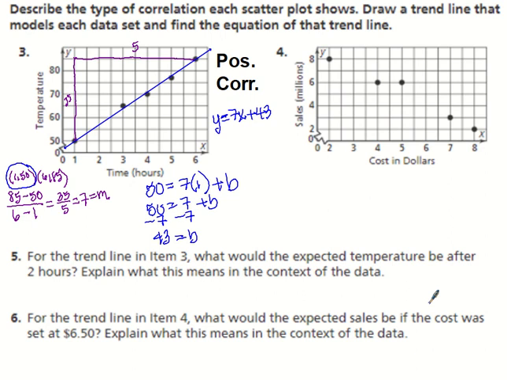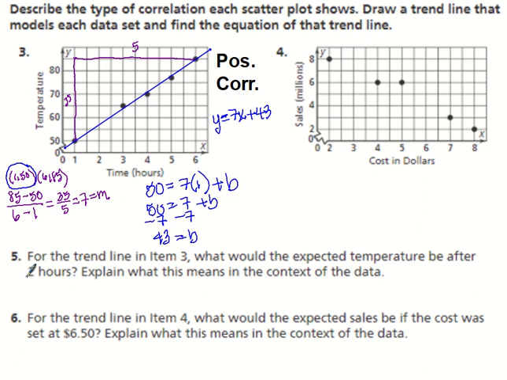So now what we're going to do is use our line of best fit to determine what maybe it is at 2 hours. There's a couple of ways you can do this. We can look at the graph and try to estimate it the best we can. That's kind of hard. We can actually use our equation.